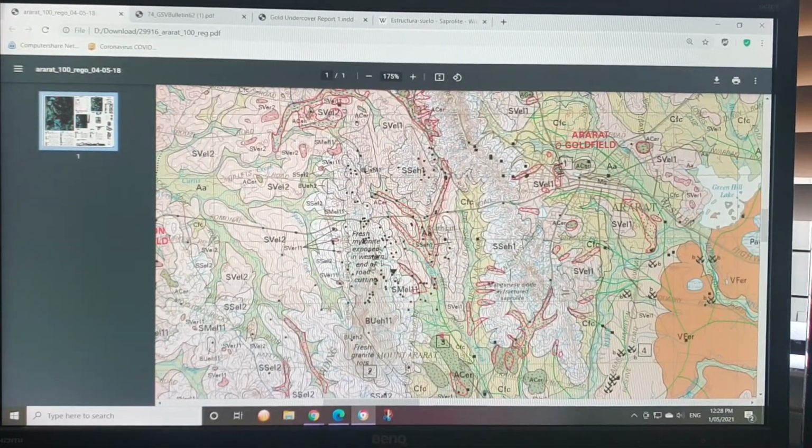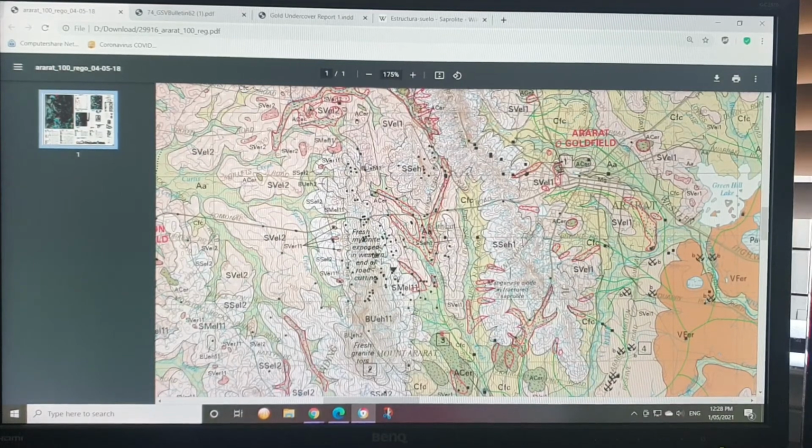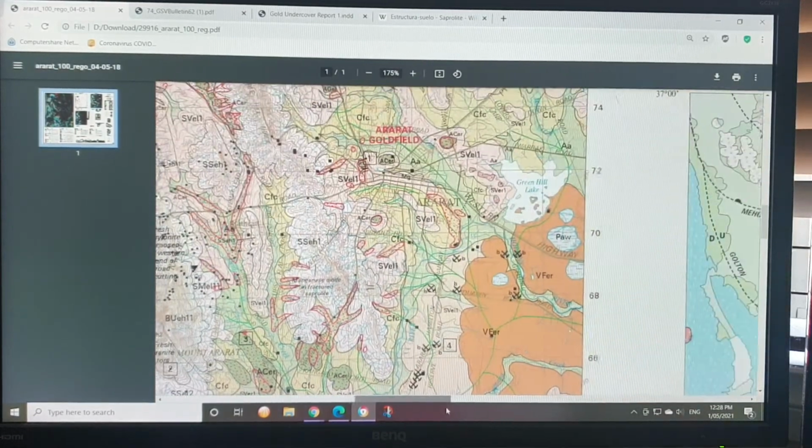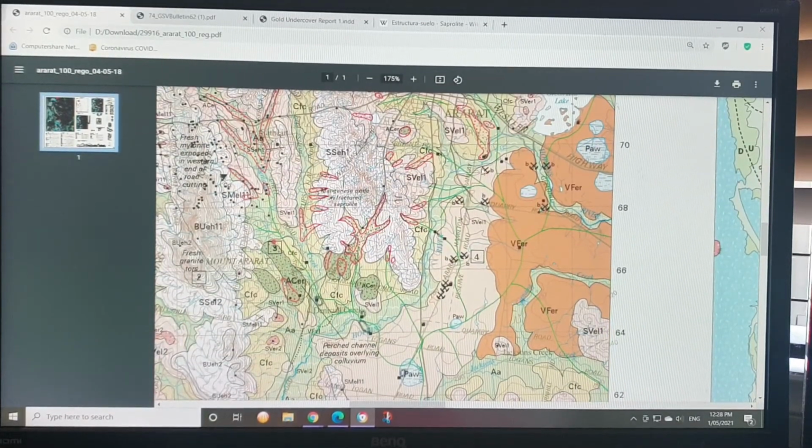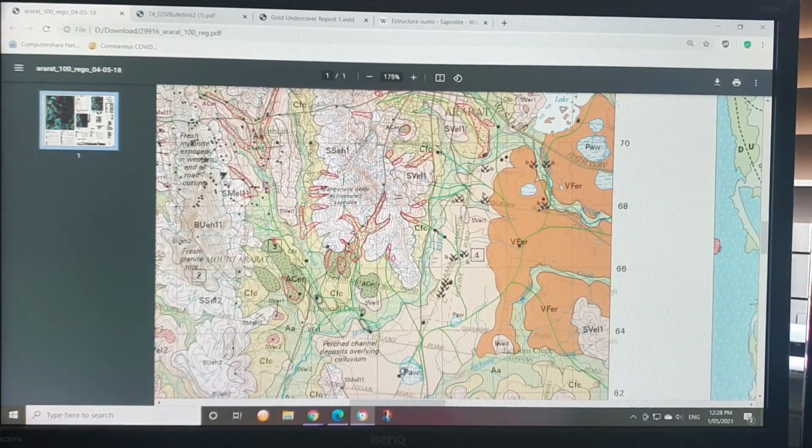Okay, so this is where they've actually pretty much observed the actual rock, and this is where they actually found a lot of the actual gold. So south of Ararat, covered in the basalt.